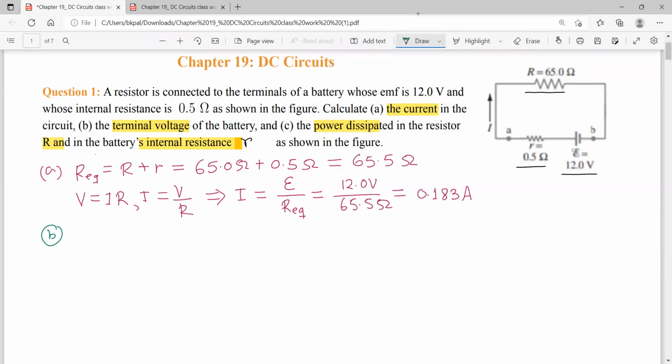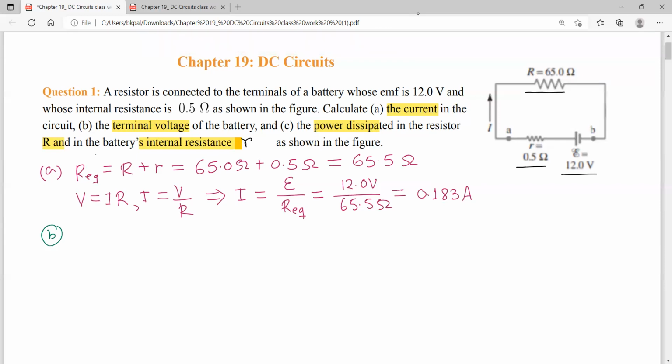Next one is the terminal voltage. We can use this equation to determine the terminal voltage. Terminal voltage means the potential difference between point A and point B. If you remember, we learned an equation like this: terminal voltage is equal to the electromotive force minus the voltage drop in the internal resistance.